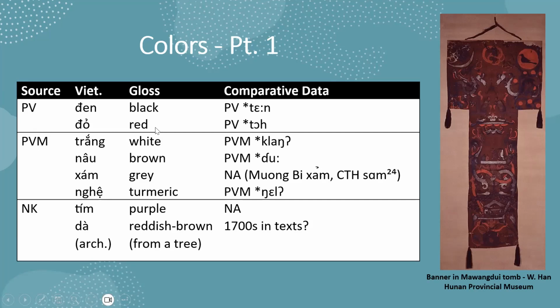So black, white, and red in this early period. Not Austroasiatic, and I don't know why, and I guess it's just too much time depth, whatever. This is what we have. But basically the basic color terms are in native words. Some later innovations, apparently. We can see this as semantic extension from a type of tree.